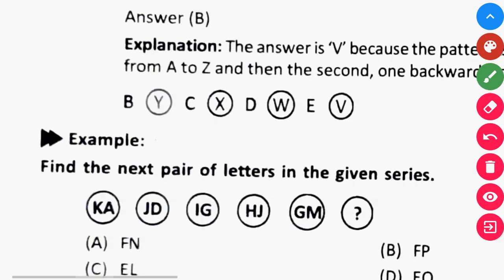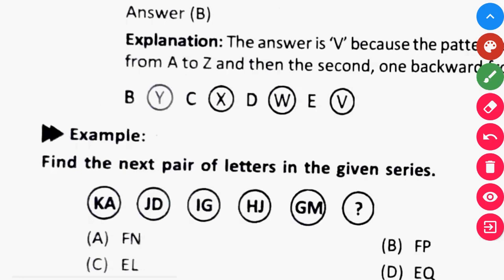Now again here, next we have to find a pair of letters. So K, A, B, C, D, E, F, G, H, I, J, K. When we say K, L, M, N, O, P. So after K, J is not coming. J is coming before K. So go in reverse sequence.